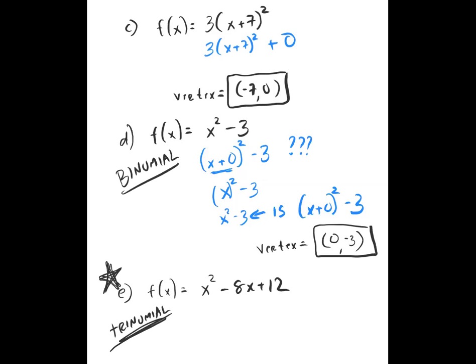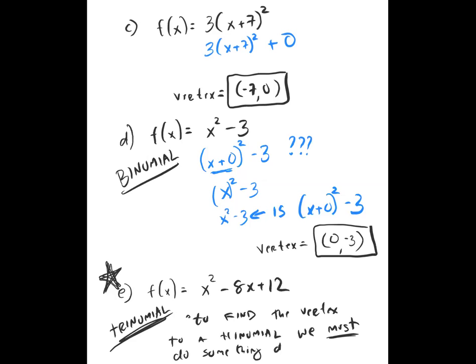Which means to find a vertex to a trinomial, we must do something different. We have to.